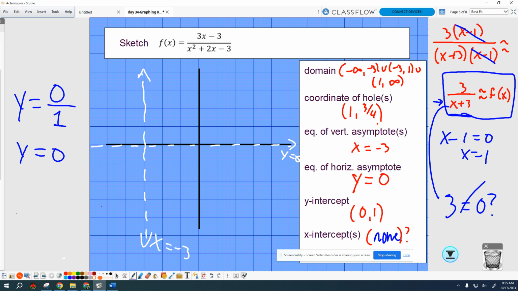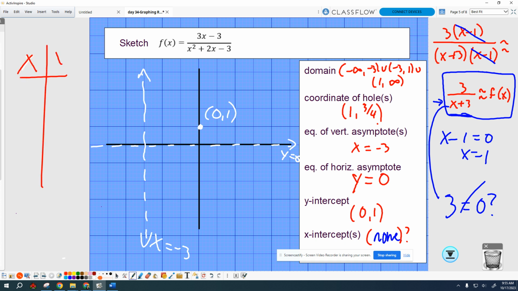Okay, y-intercept is (0, 1). And x-intercept, I don't have any. So I need to get some more coordinates on here. Sarah, what's a good x value to pick for this region to the right?